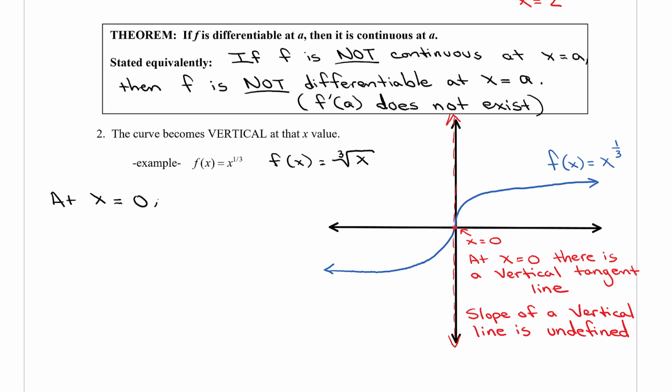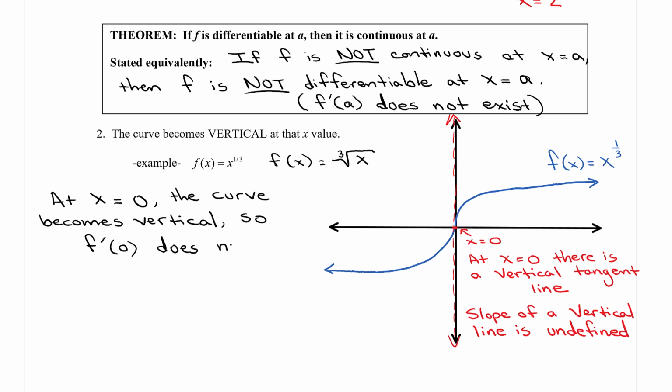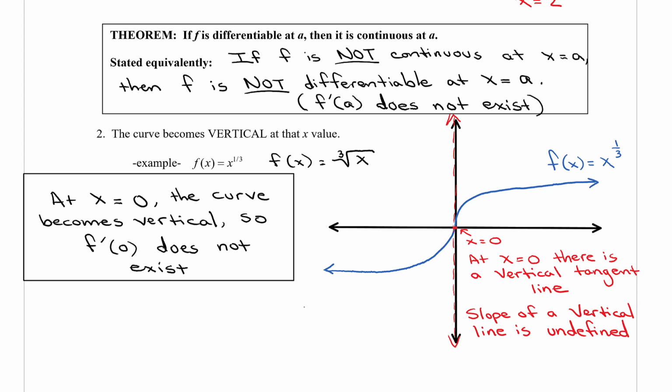Now I'm writing on the left-hand side of the screen, at x equal to 0, the curve becomes vertical so f prime of 0 does not exist. And I'm going to go ahead and box that in.